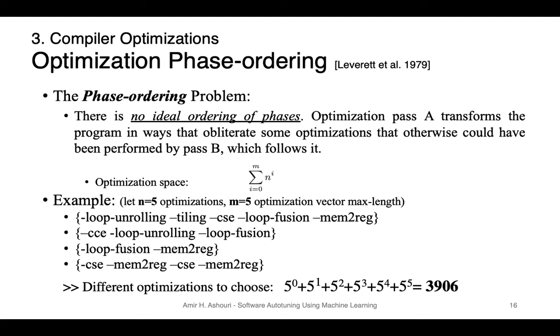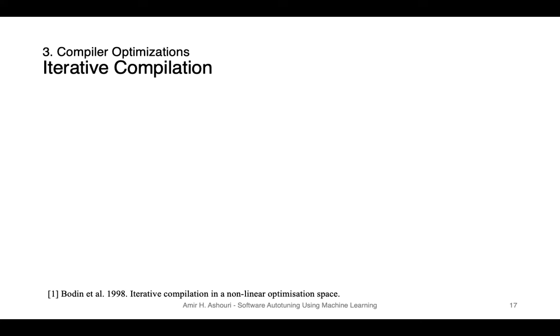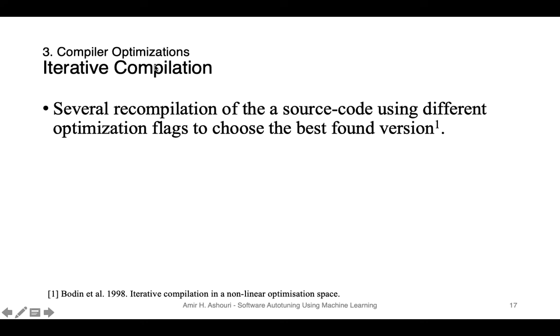So let's see what the research has been doing in the past, I'd say, 30 years. One of the well-known techniques that people have been using since the late 90s was known as iterative compilation. Just like the name suggests, we need to have several recompilations of the source code using different optimization flags and simply choose the best one we found, right?